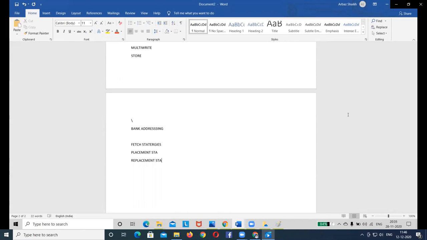Okay, so there are different kinds of addressing modes which follow. Addressing modes से कुछ हम लोगों को we have to see some addressing modes.